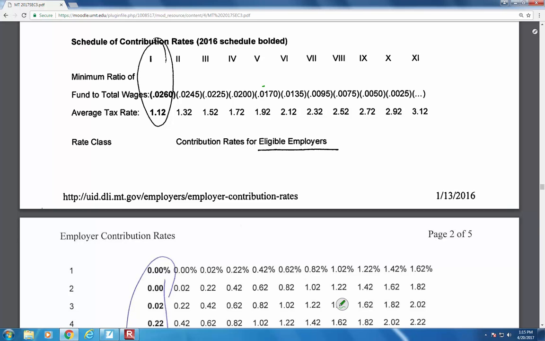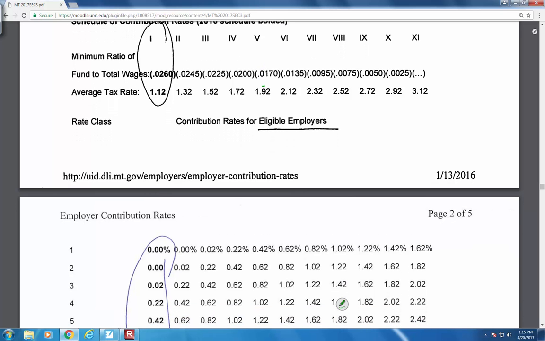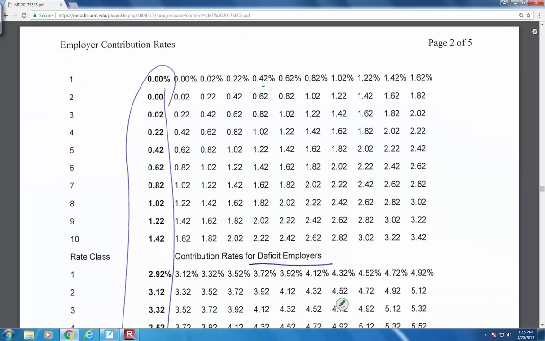So, can you see right now which rate schedule we're under? Is it a heavily taxed schedule or a lightly taxed schedule? Yeah, you can see your SUTA rates under this schedule. If you're a class 7 under this rate schedule, your SUTA rate isn't even 1 percentage point.